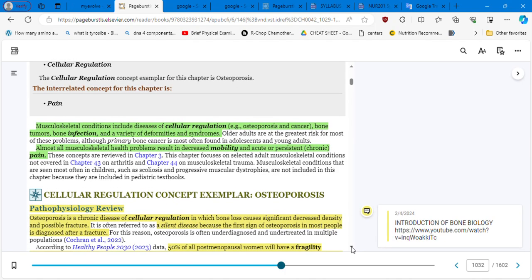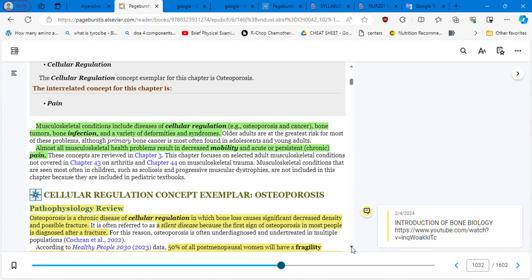So musculoskeletal conditions include diseases of cellular regulation, osteoporosis, and cancer, bone tumors, bone infection, and a variety of deformities and syndromes. When we talk about cellular regulation, we are talking about many players.